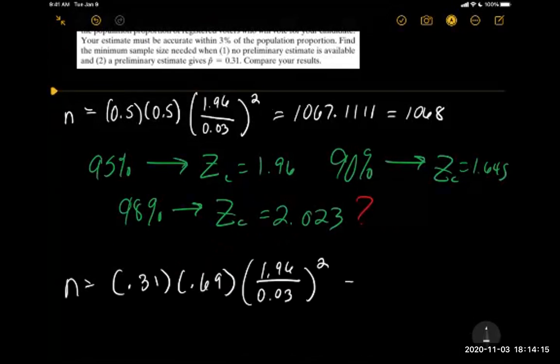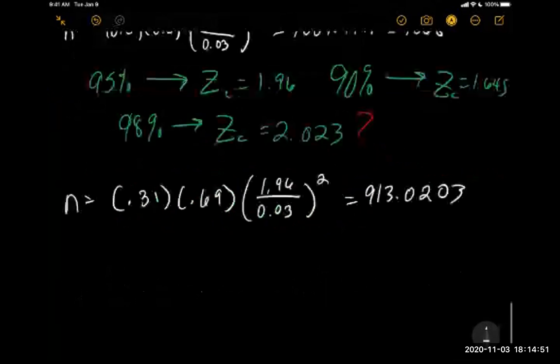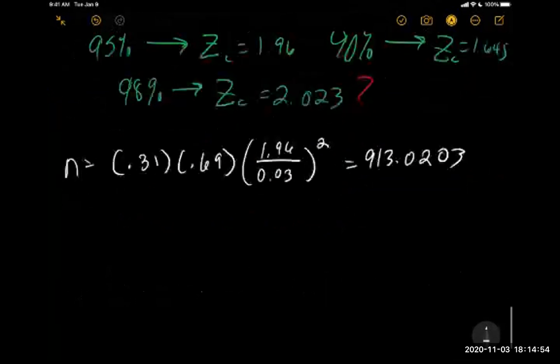So again, I'm going to get my calculator. And my calculator says 913.0203, which we would have to say is 914. We have to round up to the nearest whole number.